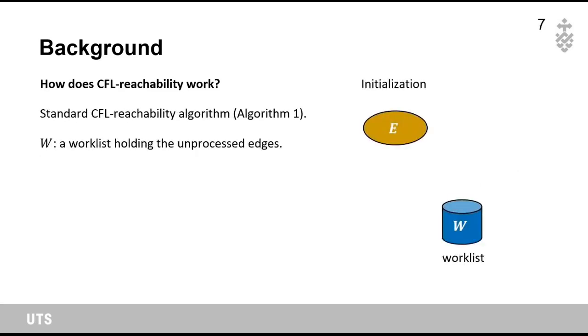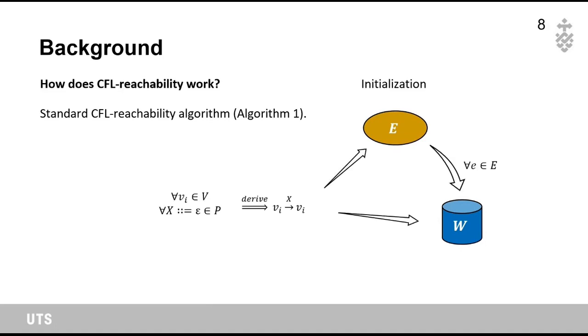Here is the standard CFL-reachability algorithm, which is also the most widely used in practice. The algorithm maintains a work list W to hold all the unprocessed edges. Initially, all the edges in the graph and all the underlying self-cycles are considered as unprocessed.